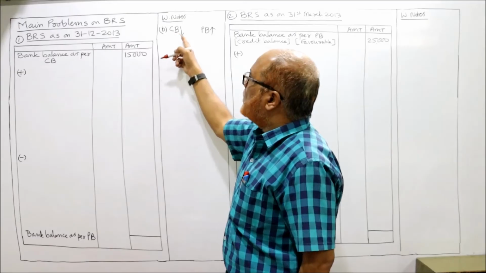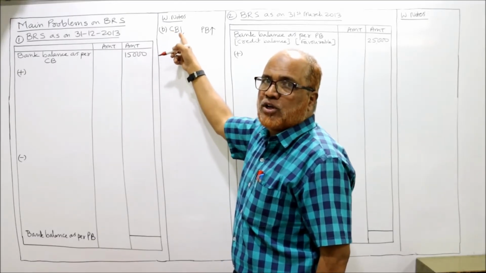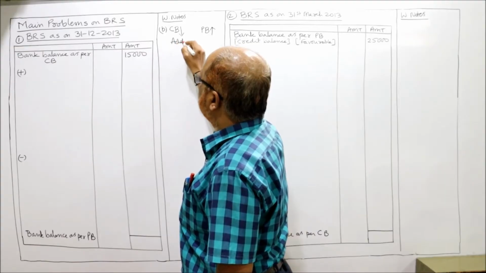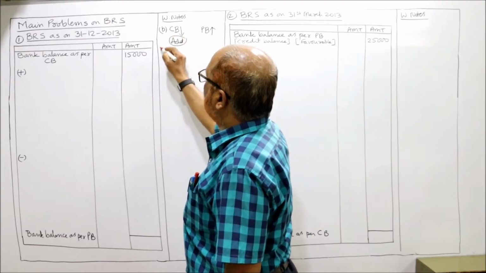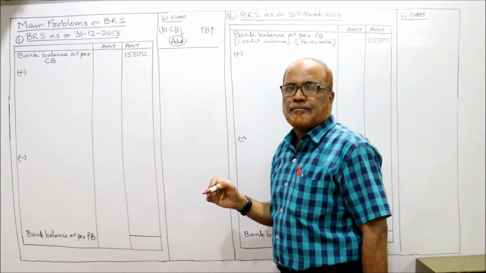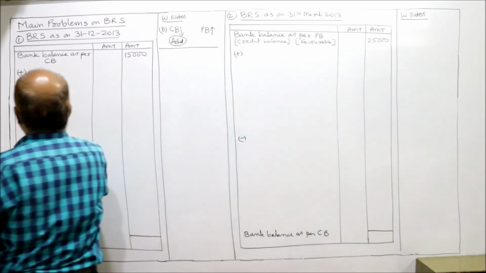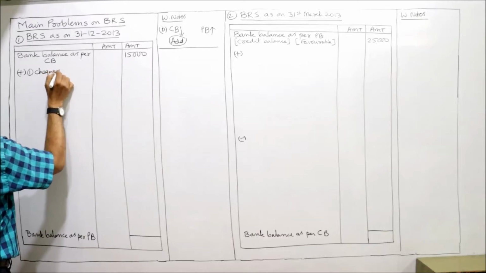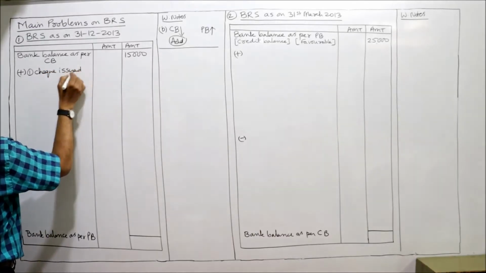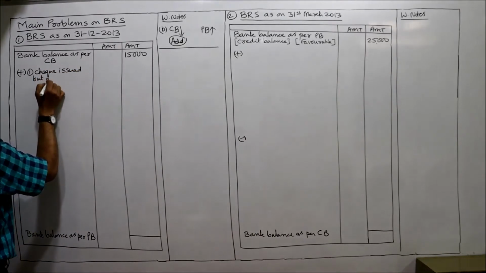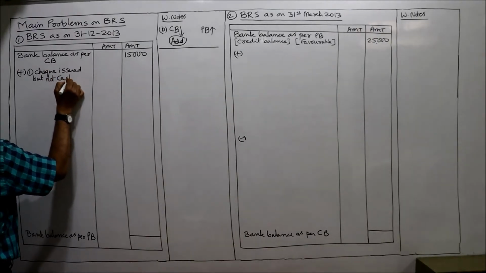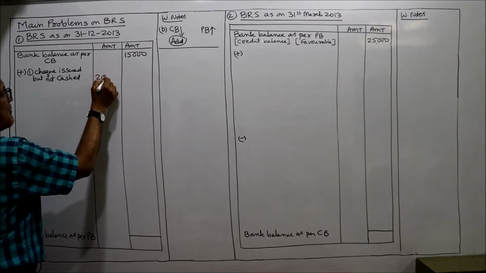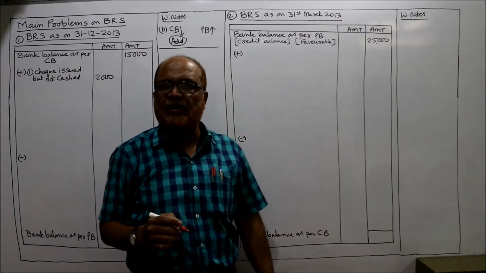So the cash book is showing less balance. So what we have to do is add. Now the addition point, first point: check issued but not cashed. How much is the check issued but not cashed? 2,000. Come on, the first item we have completed.